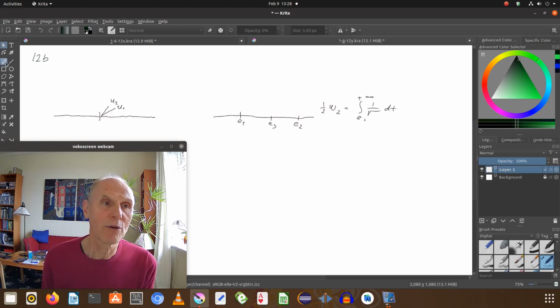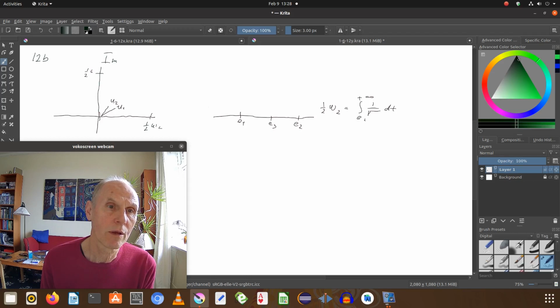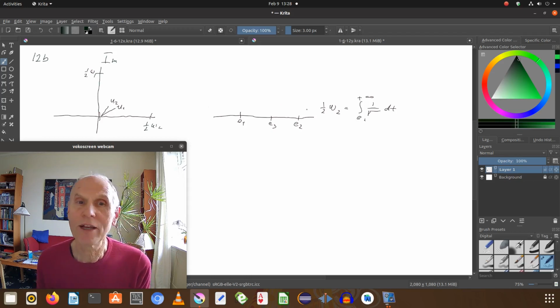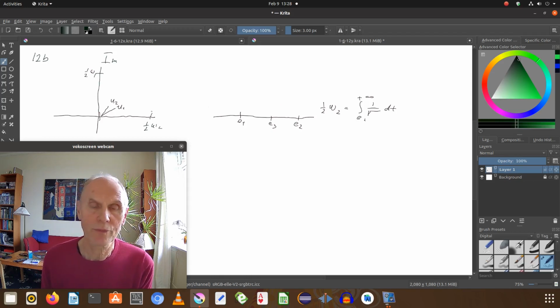They lie somewhere on the real axis and on the imaginary axis, and were defined, of course, so that the imaginary value was positive and the real value here was positive.